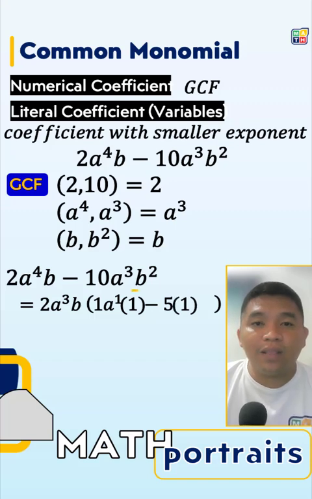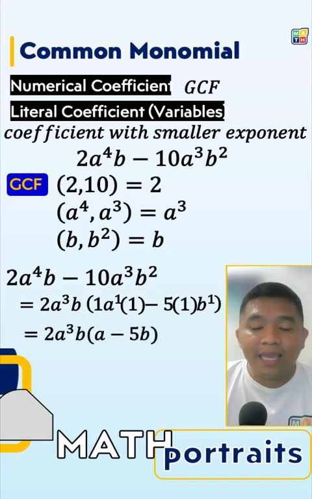And then you will have b squared to be divided by b, division law of exponents, 2 minus 1, you will get b to the power of 1. Then, simplifying the terms inside this grouping symbol, you will still get here a greatest common factor of 2a cubed b, and what remains inside is just a minus 5b.